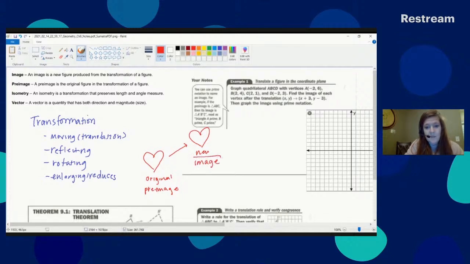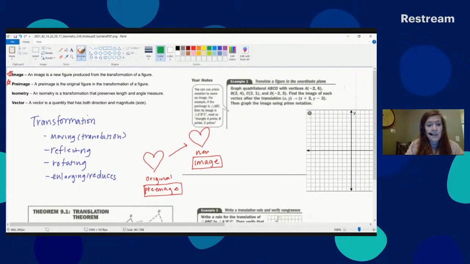The new is the image, the original is the pre-image, and those are the first two vocab words you'll see up here. The image is a new figure produced by the transformation of a figure, and the pre-image is the original figure. So the heart is an example of a pre-image and an image using translation.